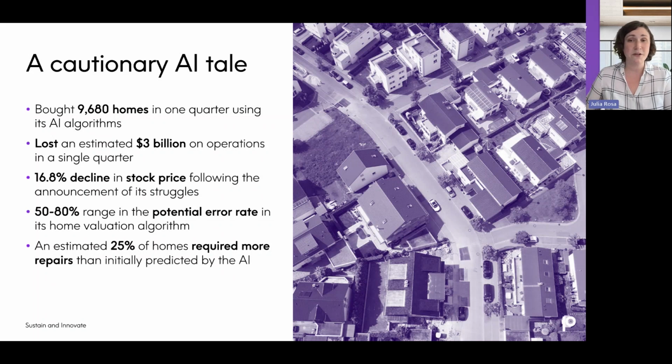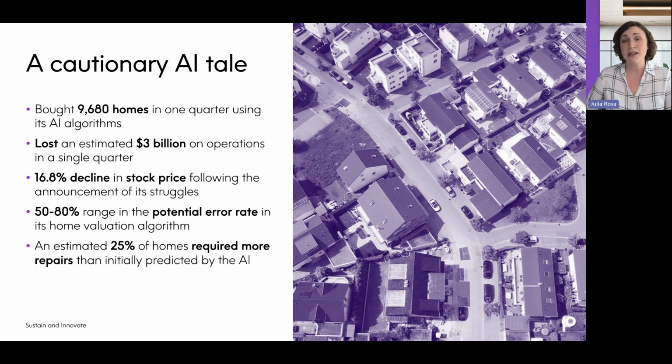Naturally, Zillow, we all know them today, recovered. However, issues like this can happen to any company and can be world-ending for companies that don't have the same amount of capital as a company like Zillow.